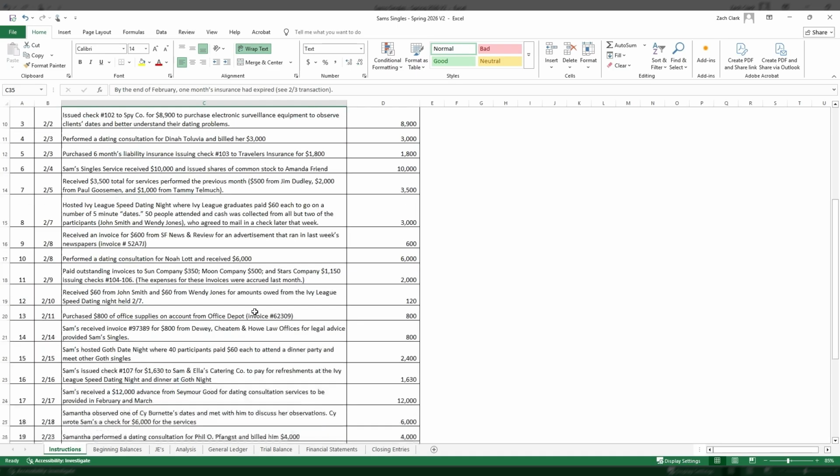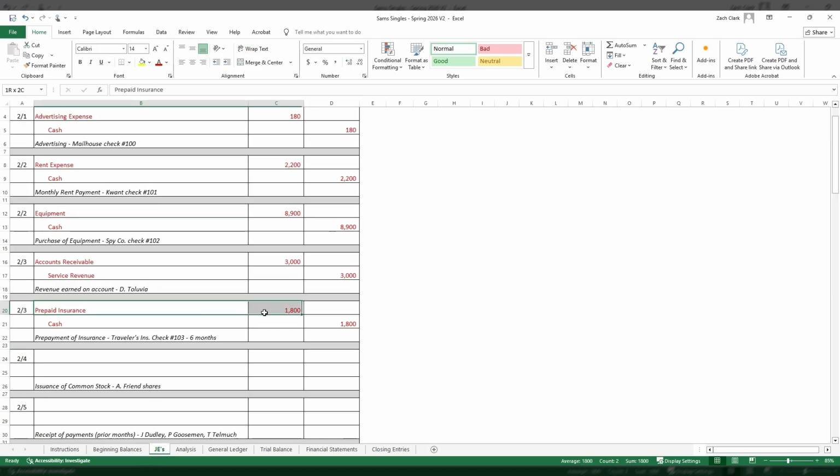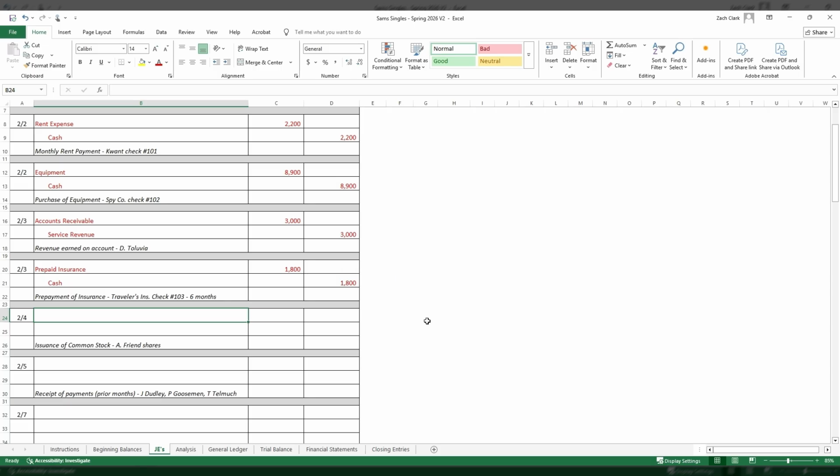So we'll come back to that, but this payment of $1,800 does include the month of February. So we're going to need to first record that full prepaid insurance asset, but then cut off one month's worth, 1/6 of this, and take it away from being an asset to an expense. But as I mentioned, we'll revisit that when we come to our adjusting entries later.